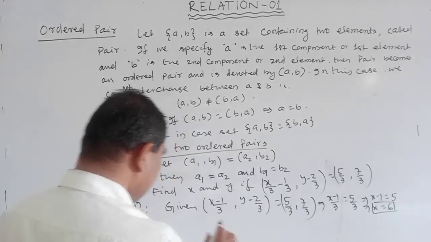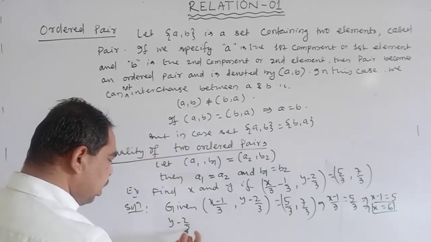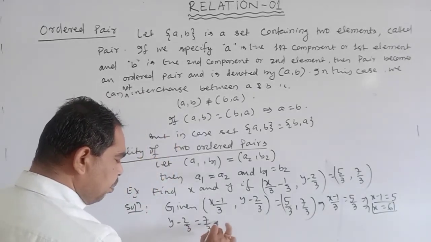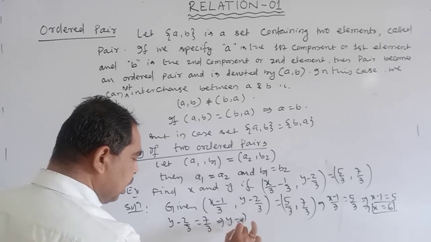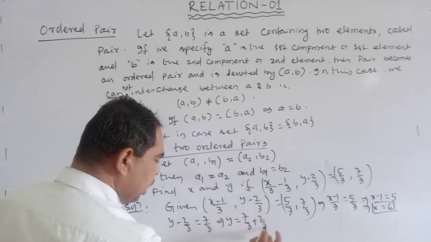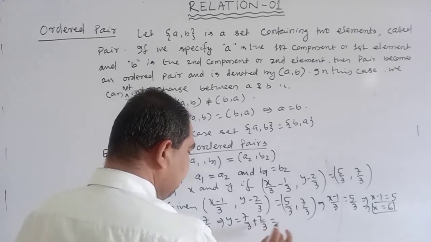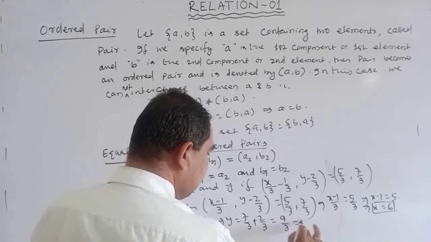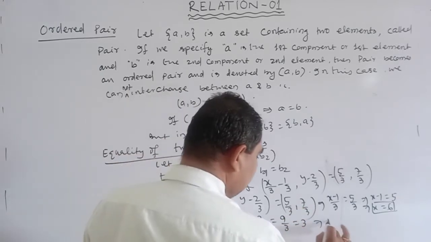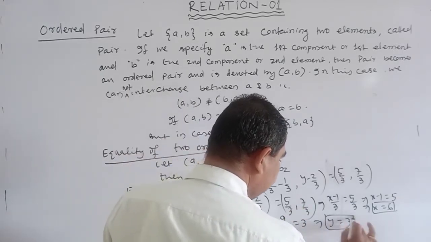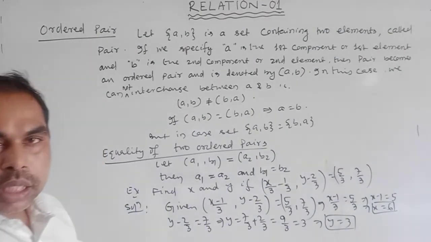Next, y minus 2 by 3 is equal to 7 by 3. So y is equal to 7 by 3 plus 2 by 3, which is 9 by 3, equal to 3. So y is equal to 3.